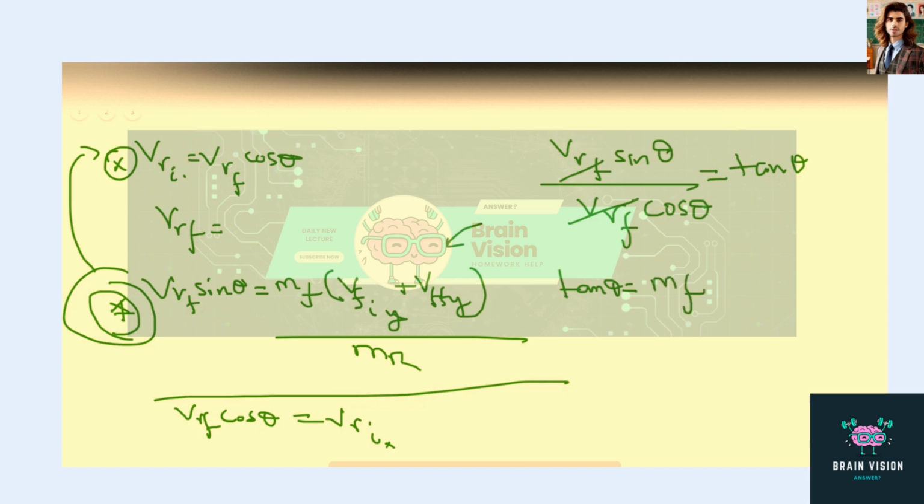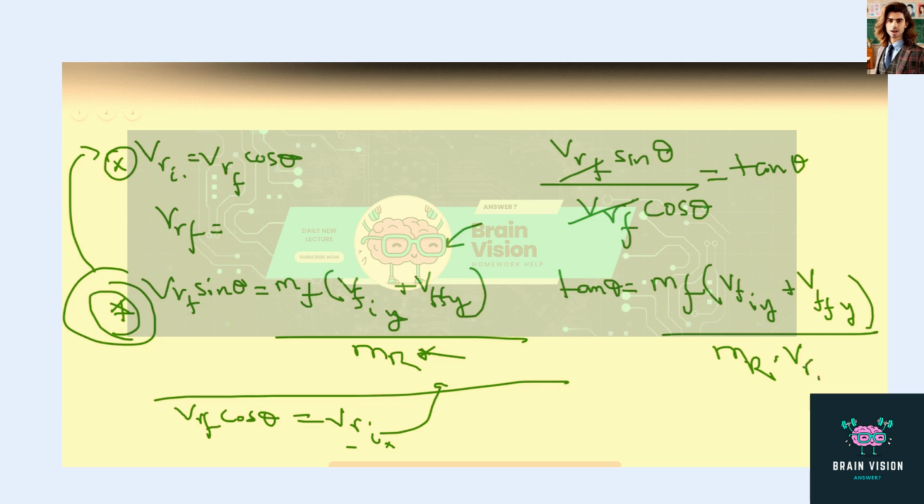So mass of falcon times the initial velocity of the falcon in the y direction, plus the final velocity of the falcon in the y direction, all over the mass of the raven, times the initial velocity of the raven in the x.